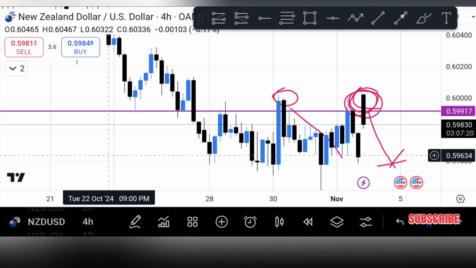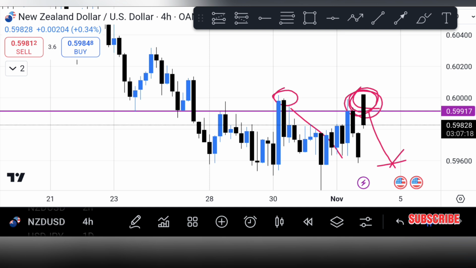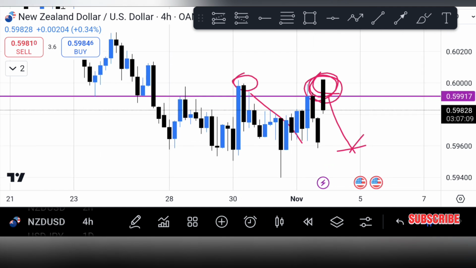The next thing we're going to talk about is the order block and then the market structure shift. Okay, then we put them together, then we find the strategy we're looking out for.